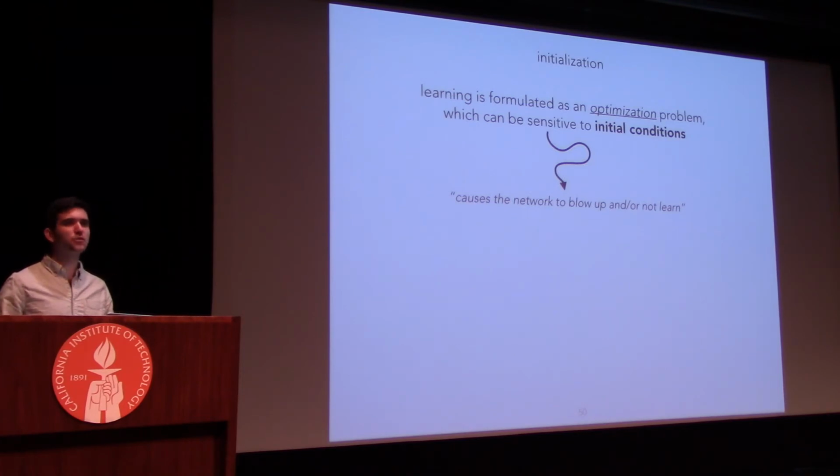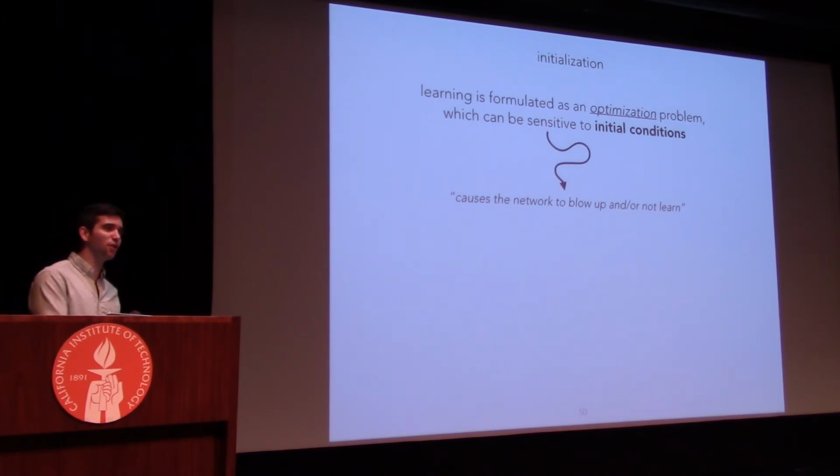You can think of, if you had your network just have weights of all zeros, then what you would end up with is gradients that are all zeros. So the solution of having all zeros for weights and biases results in a local optimum, which obviously is hard to get away from.